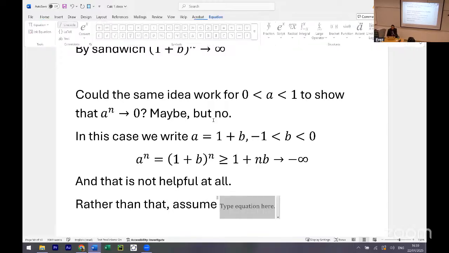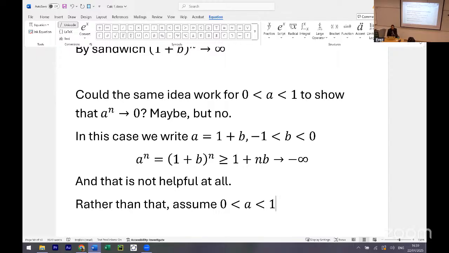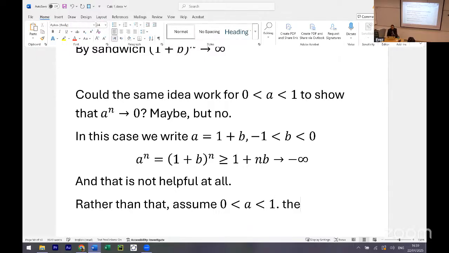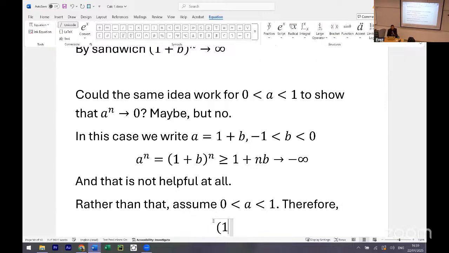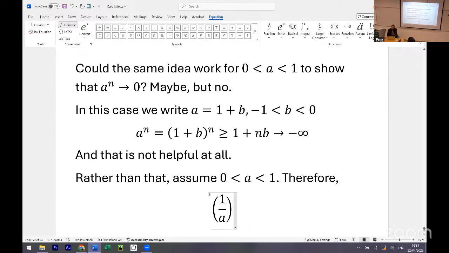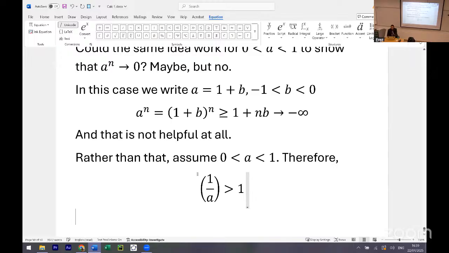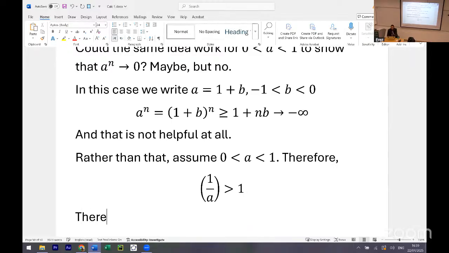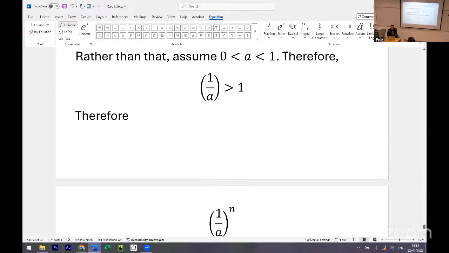So, rather than that, assume a, like we said, is between 0 and 1. Therefore, 1 over a, what can you say about that? It's bigger than 1. Therefore, what is (1 over a) to the power of n?